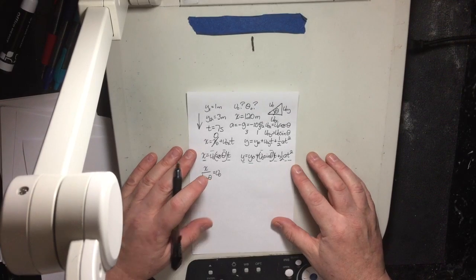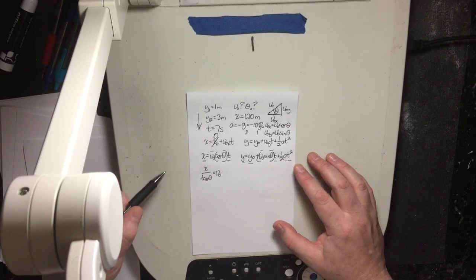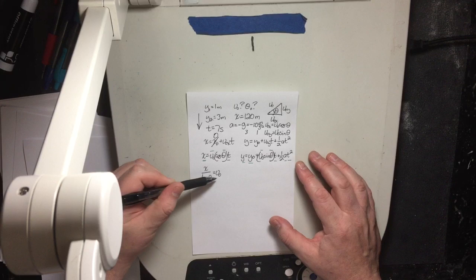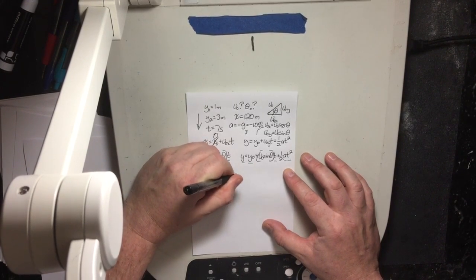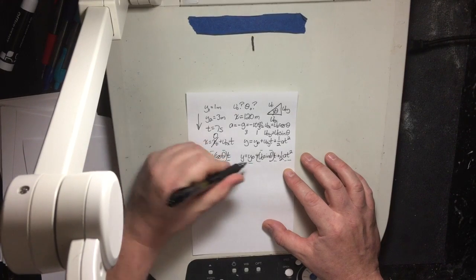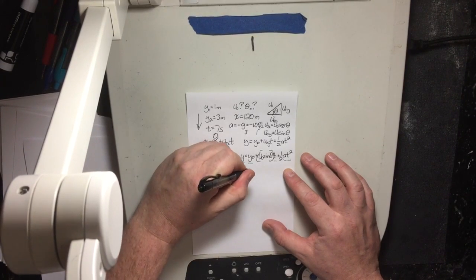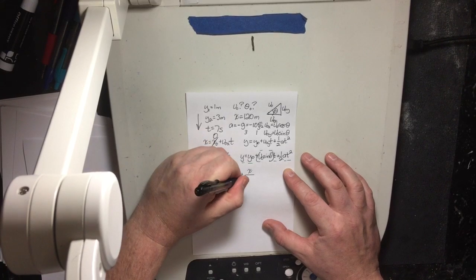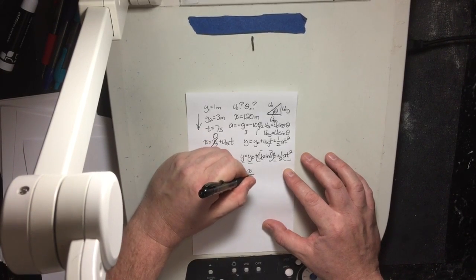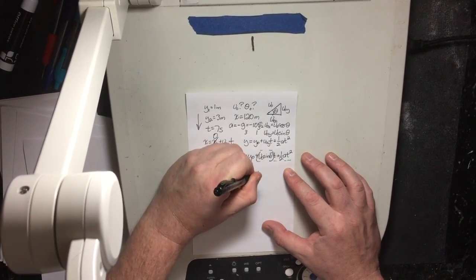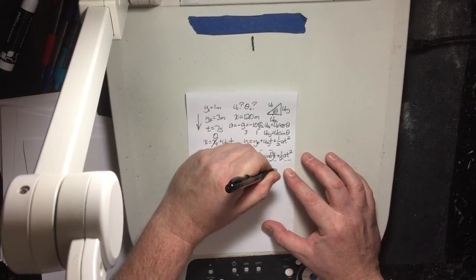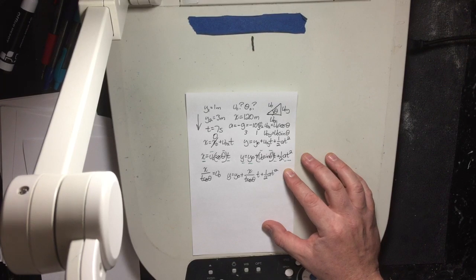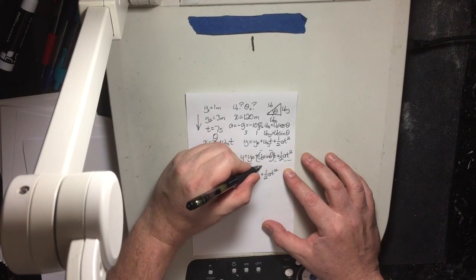The only unknown over here is t, and V naught is an unknown. Substitute y equals y naught plus, now the V naught comes into play, x over t cosine theta t plus 1/2 at squared. And what did I forget? Sine theta, yes.